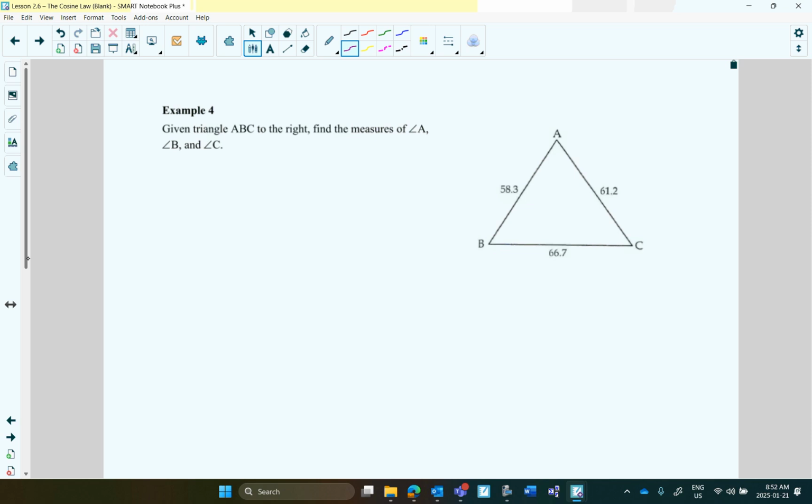Let's find A. So the cos of capital A, remember that formula, will be the other 2 sides besides 66.7, which is opposite angle A. We square those and we add them together.